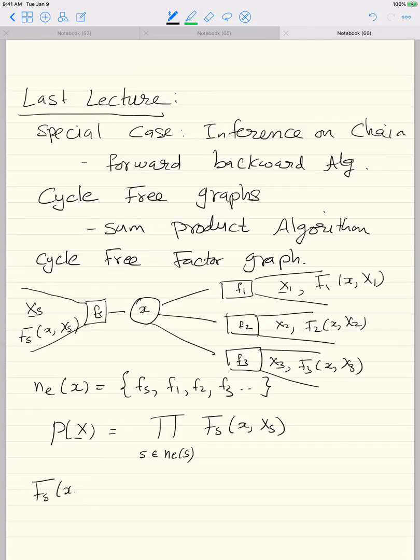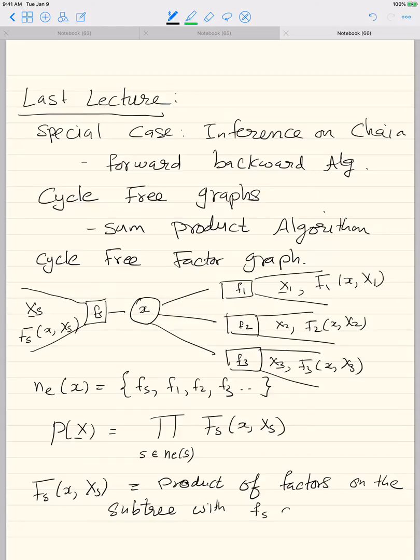Here fs of x and xs is the product of factors on the subtree with fs as the root node.